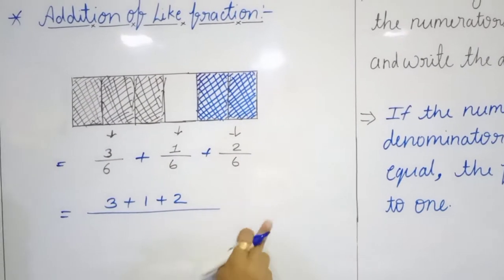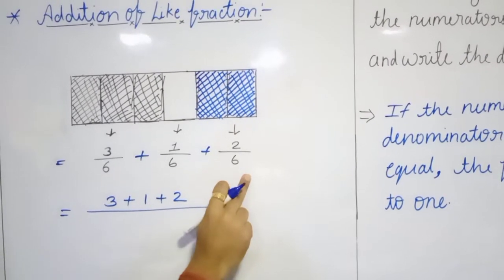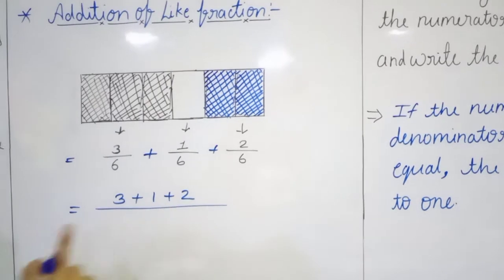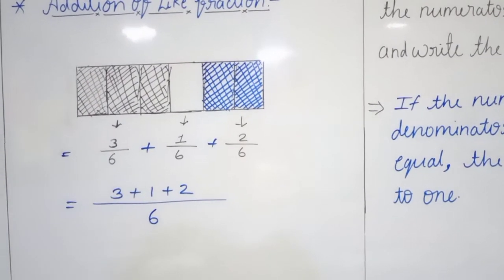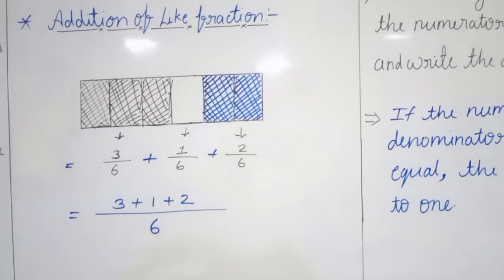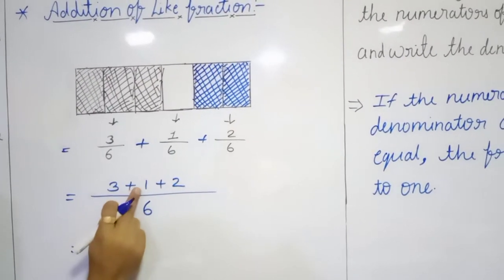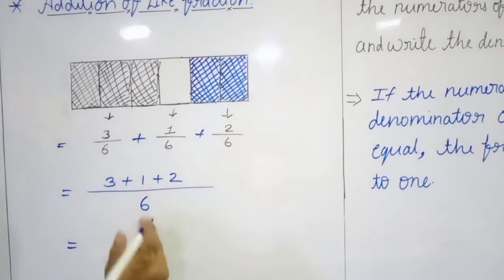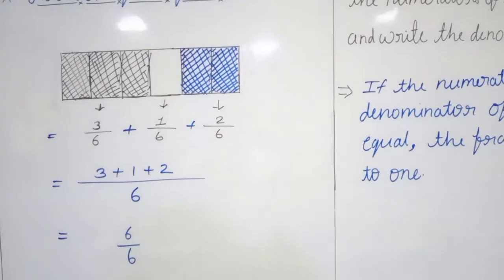After that, because all the denominators are the same, these 3 fractions are like fractions. So we take the common denominator as it is, that is 6. Got it? Then 3 plus 1 is 4, plus 2 is 6. And in the denominator we already have the 6.